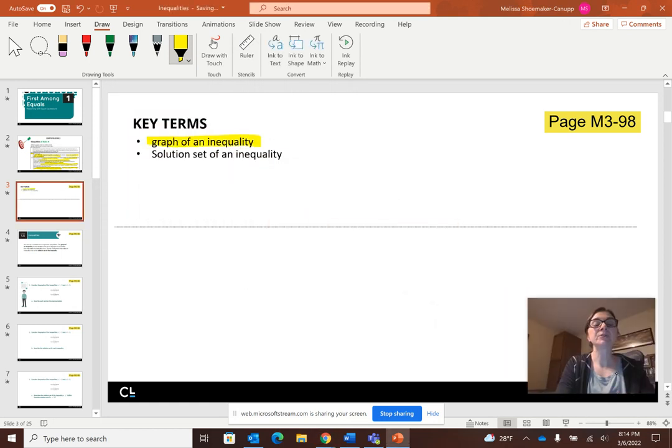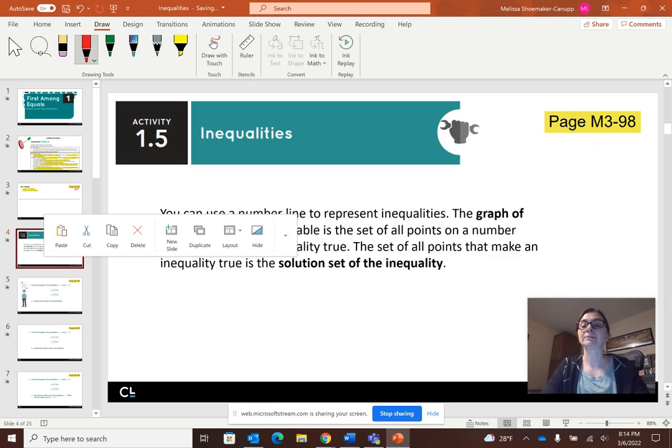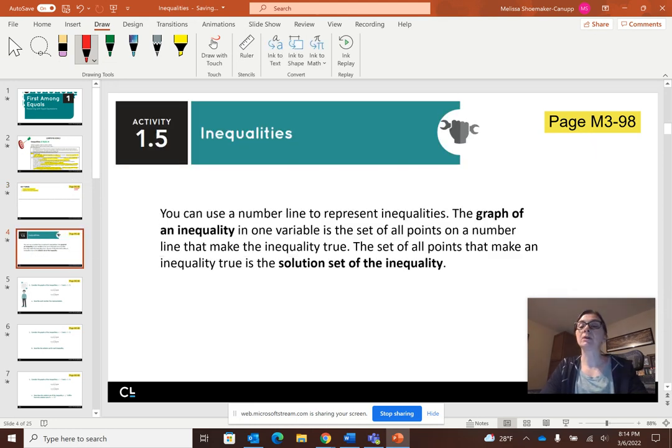Our key terms are graphing an inequality and a solution set. We are on page M398. You can also use number lines to represent inequalities. We're going to talk about what a graph is of an inequality.